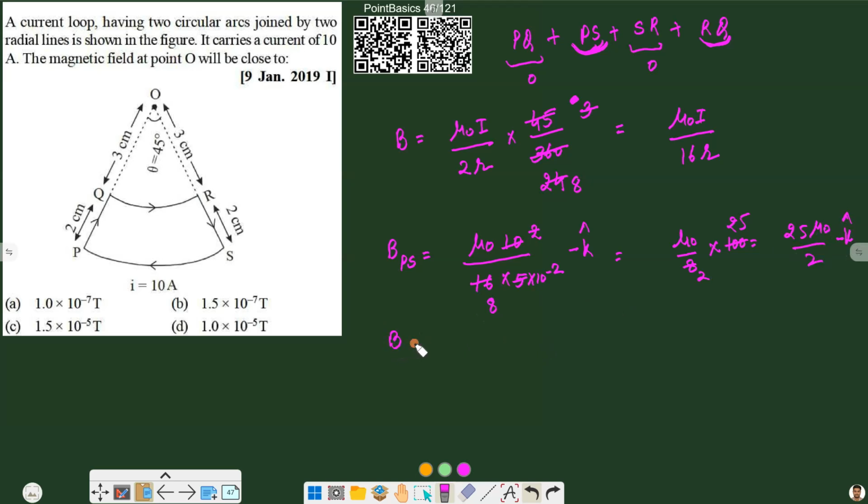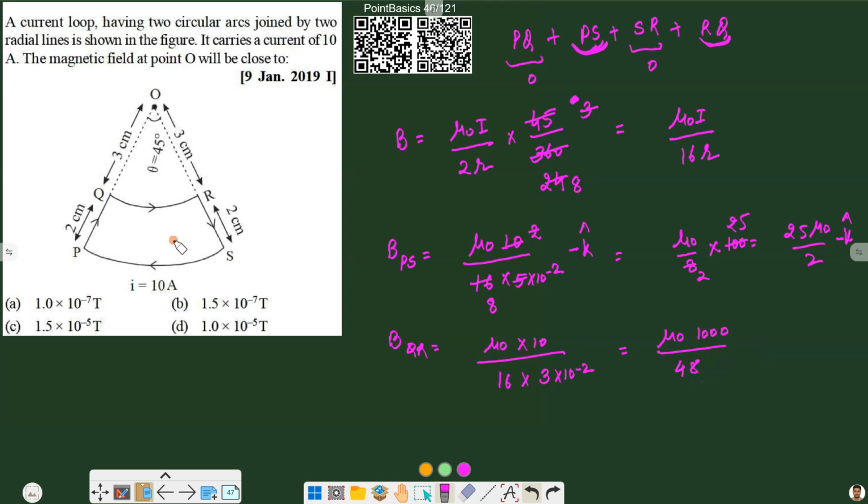Now for the magnetic field due to RQ or QR, it will again be mu naught, the value of current is the same, that is 10, and we have 16 here, and the radius is 3, so 3 into 10 raised to power minus 2. So it will be mu naught into 10 raised to power 3, so 1000 divided by 48.